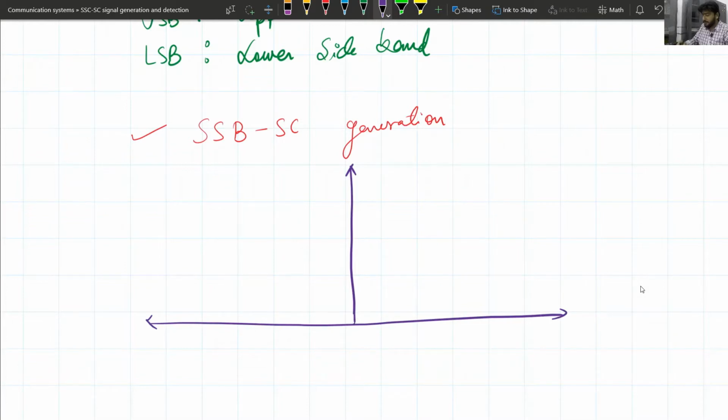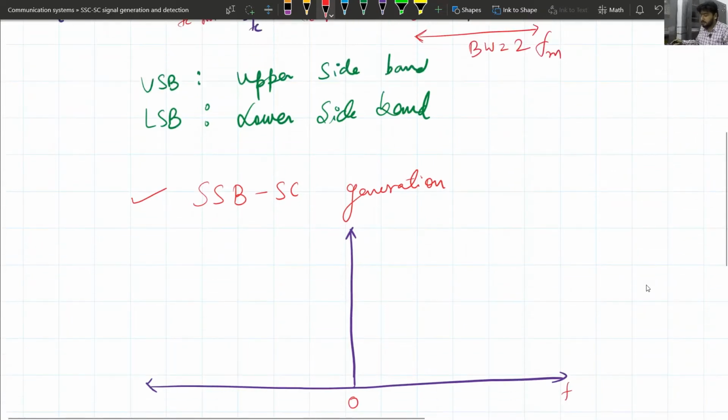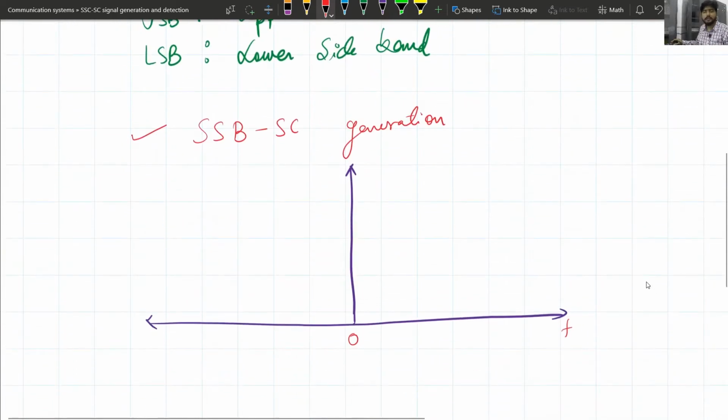But in case of the single sideband suppressed carrier, either of the sidebands is transmitted.